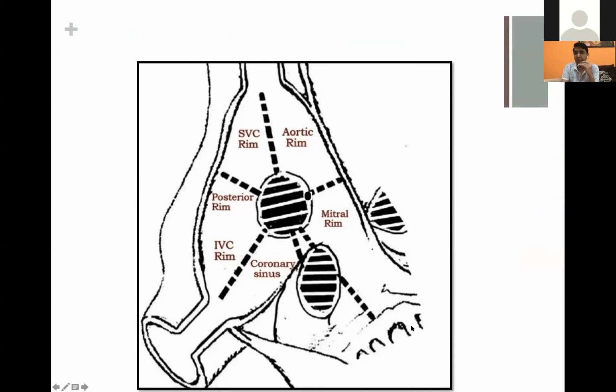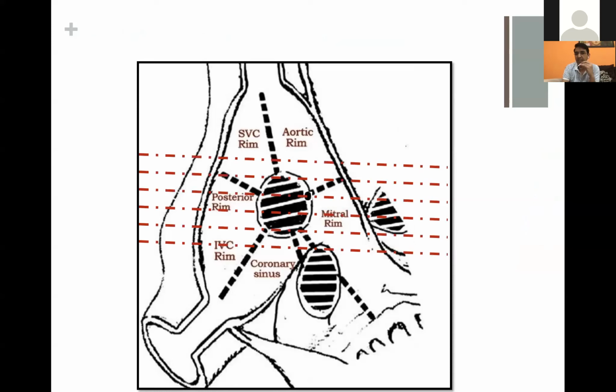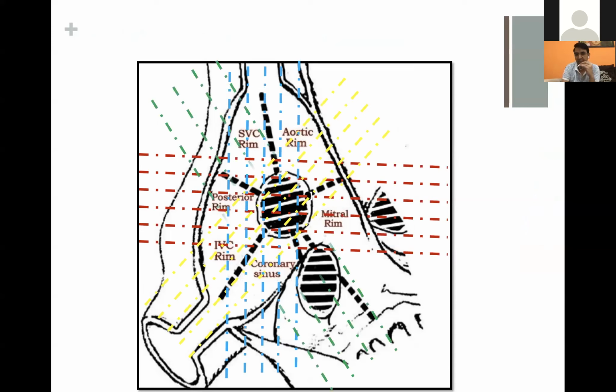Now, the basic aim of our TEE imaging is to scan the whole septum through 360 degrees using different planes. I think I have emphasized very clearly: this is 0 degrees in the red line, this is 45 degrees in the yellow line, 90 degrees in the blue line, and the green line tells you about 110 to 120 degrees. I think it's quite obvious.